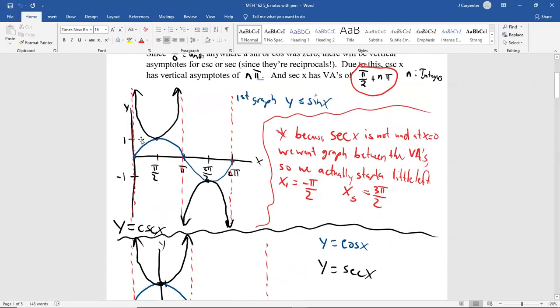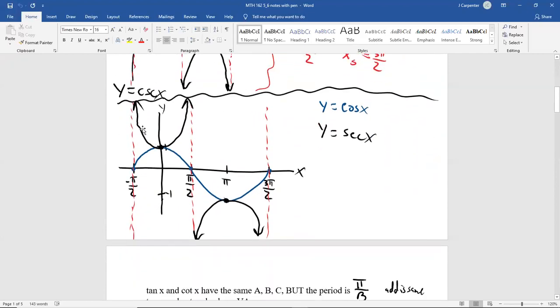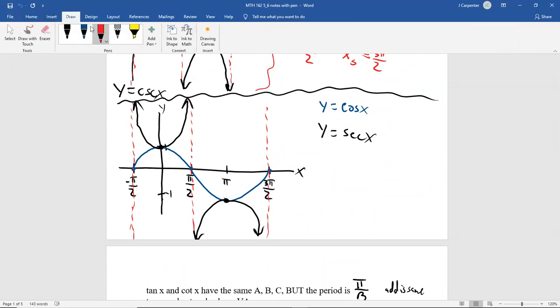So we did the graph of cosecant by flipping sine. We did the graph of secant by flipping the cosine, and by flipping I mean metaphorically speaking. But we said that it would look really ugly if I had originally taken this thing up to 2 pi.